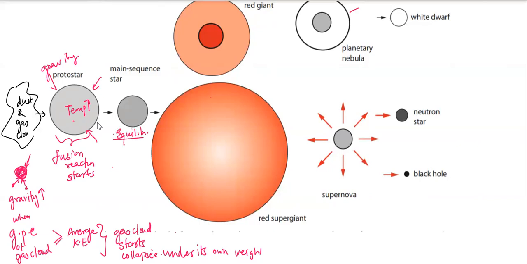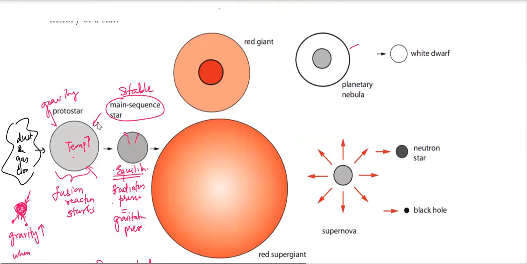A main sequence star is defined by the equilibrium between fusion and gravity: the outward radiation pressure is equal to the gravitational pressure inward. So that's the main sequence star, and a star remains stable in the main sequence for a very long time.